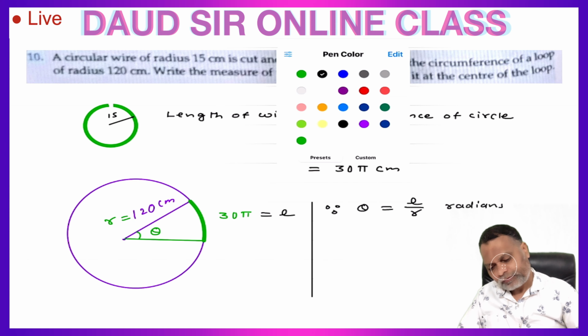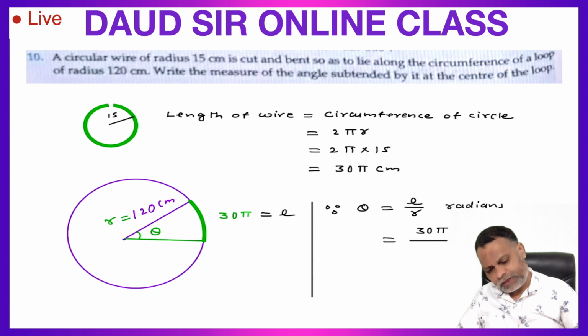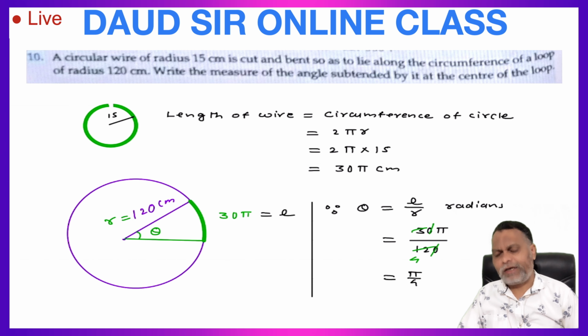L is equal to 30 pi and radius is 120. Simplify this. The 0s cancelled and 3 fours are 12. So pi by 4 radian, or we can write 45 degree.